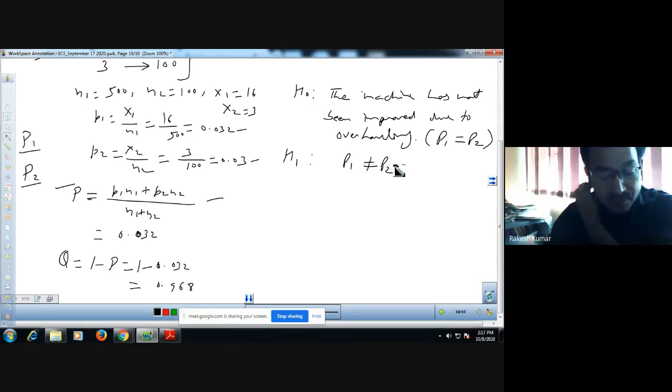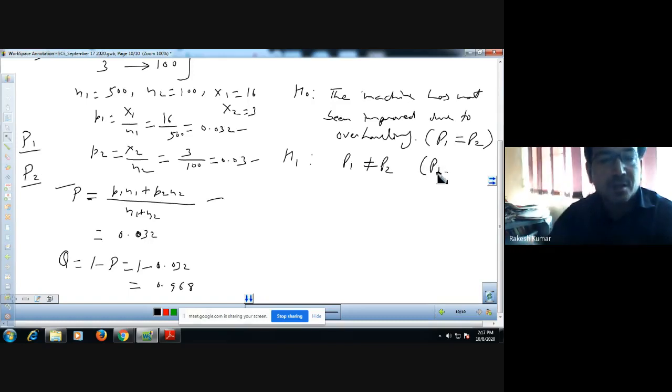If both probabilities are not the same, then obviously after overhauling the probability has become P2, and it means the defective item probability earlier, P1, is greater than P2.